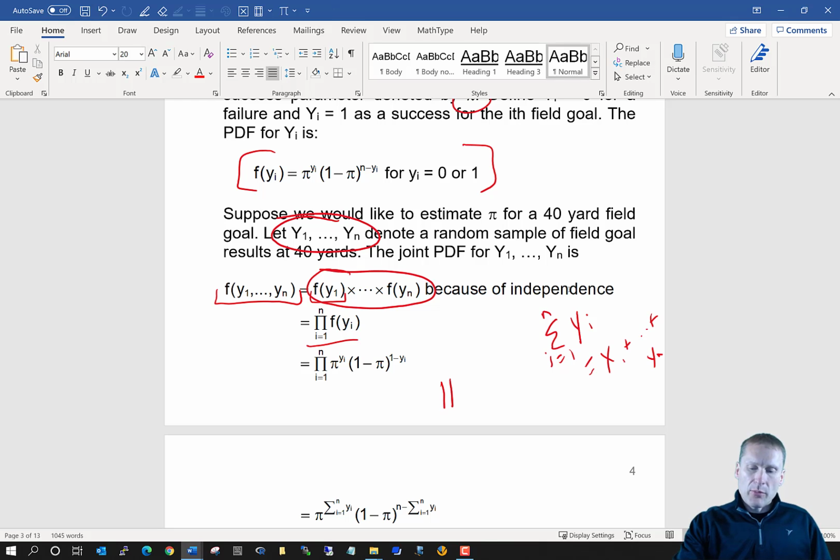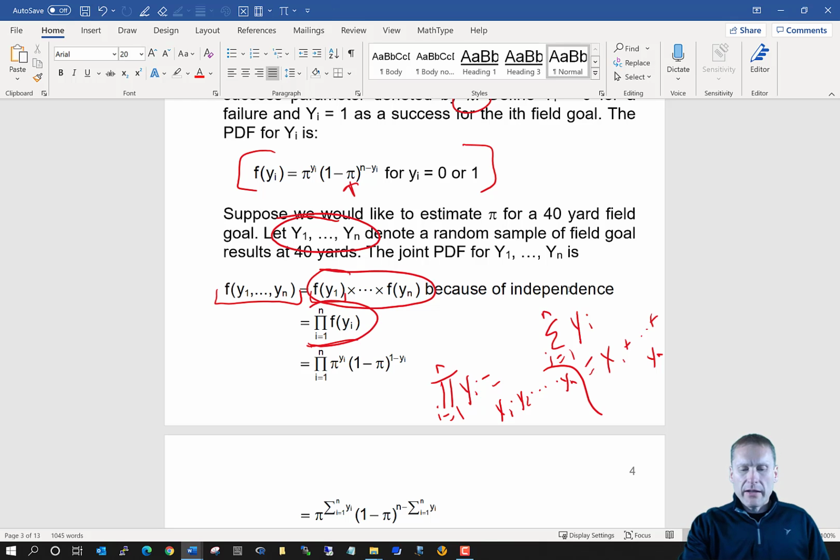Instead, one could use a product notation, which typically uses a capital pi symbol. This has nothing to do with the pi's that we have there. The product from i equals 1 to n of y sub i is just y1 times y2 times all the way to yn.